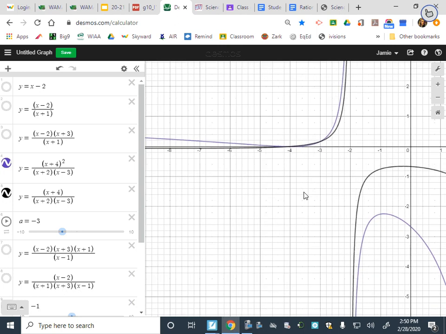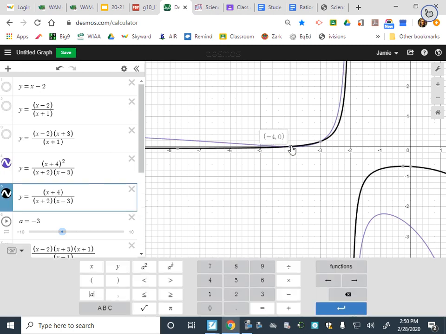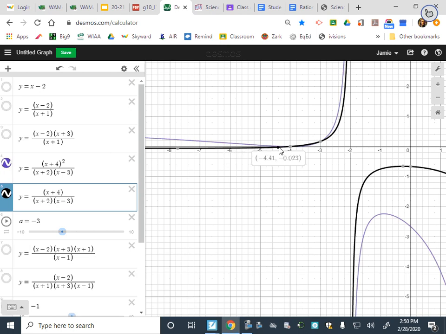And so if we look at the black graph, the degree in the denominator is bigger than the numerator. So where is its horizontal asymptote? 0. That one's at 0, and it's down here on the negative side, and it's coming up, and it crosses the x-axis here at 4. So if we traced along here, negative values there, hits 0, and then crosses to positive values.